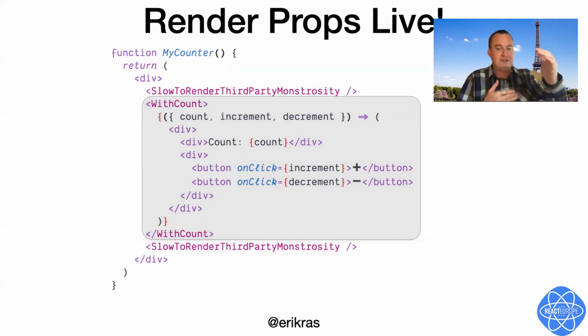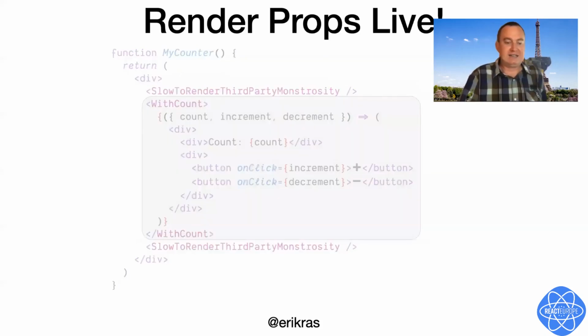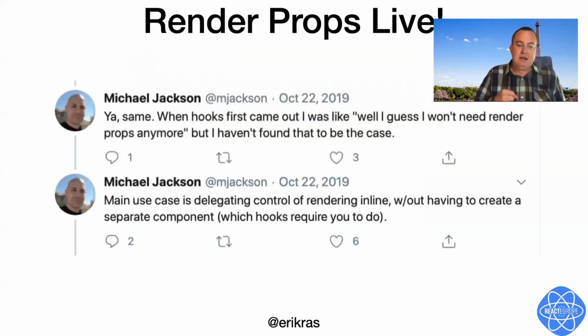The slow monstrosities on either side will not have their render functions called. And this can be extremely powerful. So to quote Mr. Jackson again, the main use of render props is delegating control of rendering inline without having to create a separate component, which hooks require you to do.